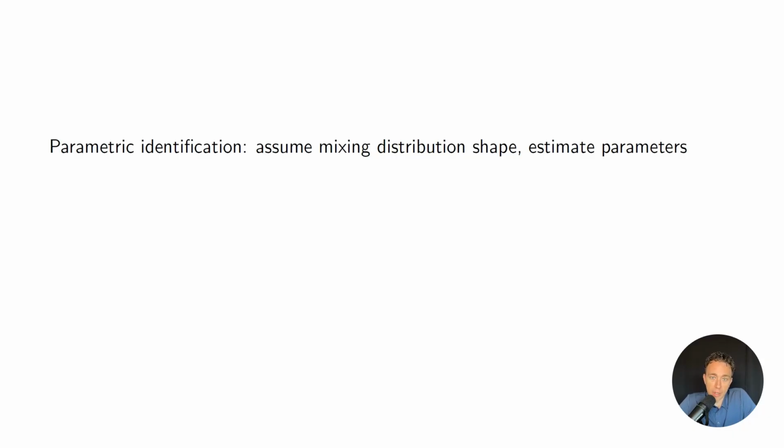We would call this parametric identification, which just means that we're going to assume a functional form, and that functional form is going to give us the identifying assumptions and behavioral assumptions that we need in our model. Many people don't like this because it's not a data-driven way of performing the identification.